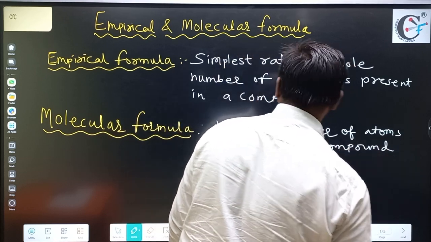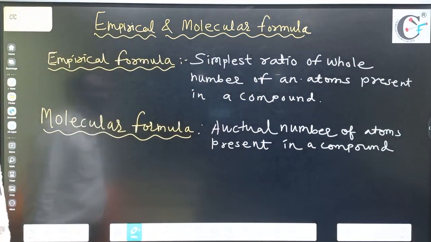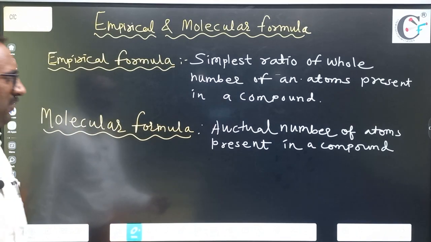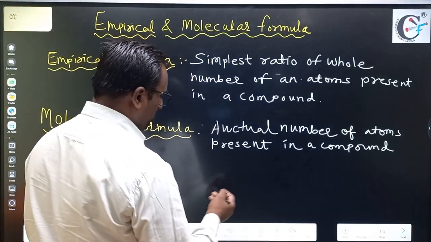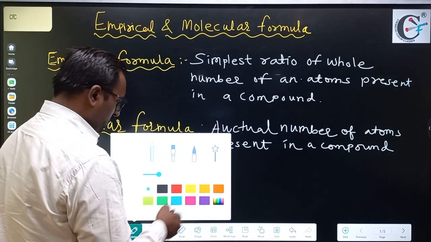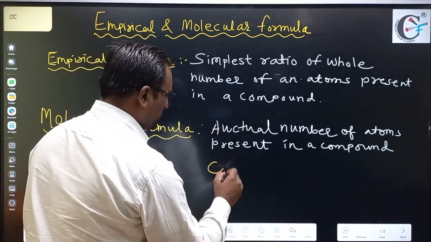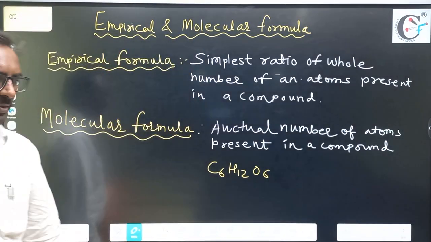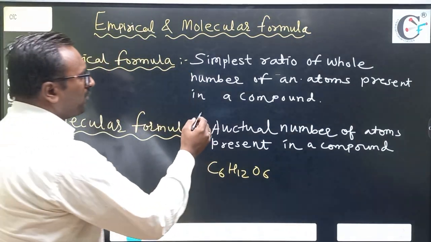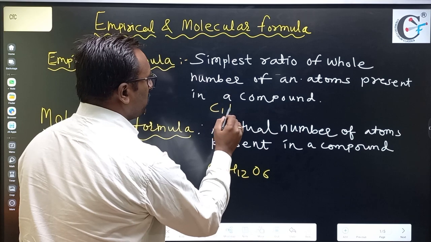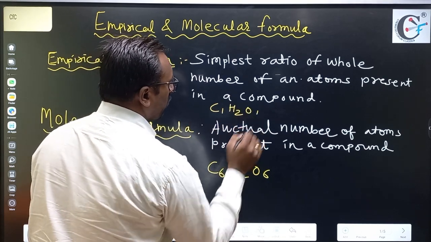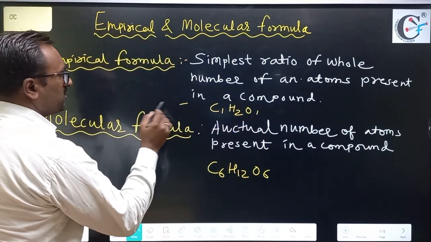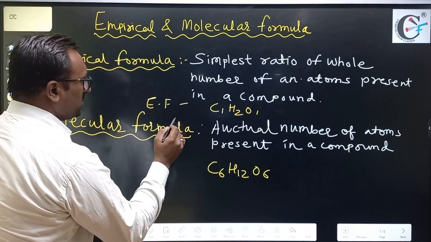It is the number which indicates the actual number of atoms present in a compound. For example, we have discussed glucose, C6H12O6, whereas the empirical formula of glucose is C1H2O1. So this is EF and this is MF.